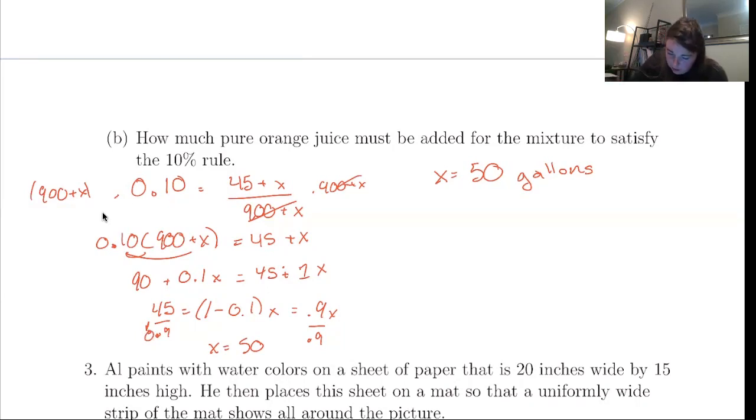So we can also check, right? If I add 50 gallons, it's going to be 45 plus 50 over 900 plus 50. So that's going to be 95 over this amount. Oops, I wrote 500.